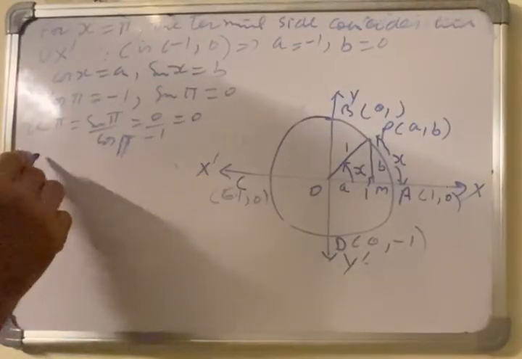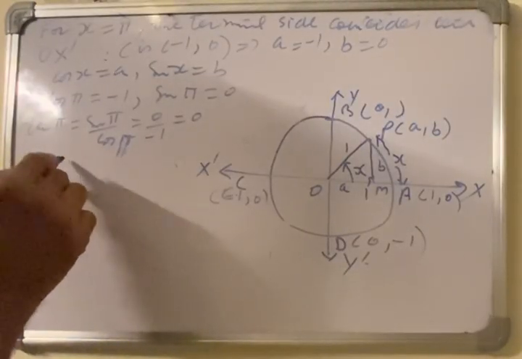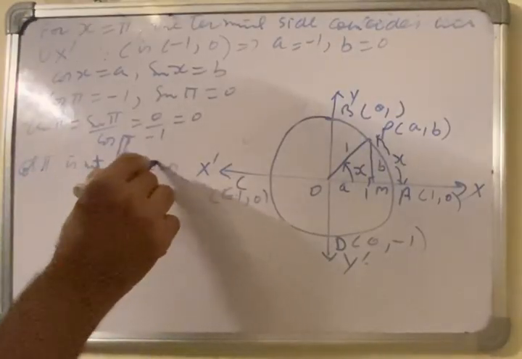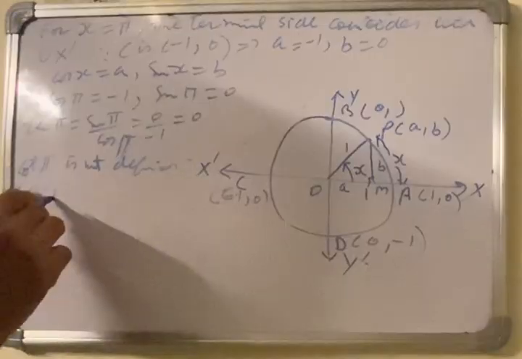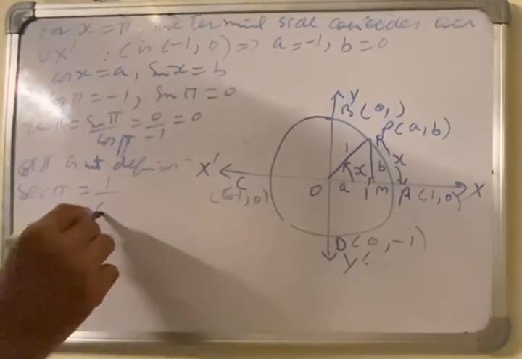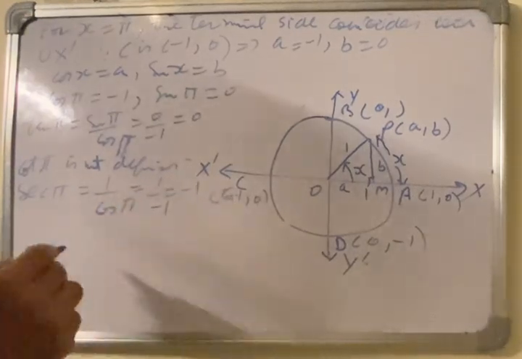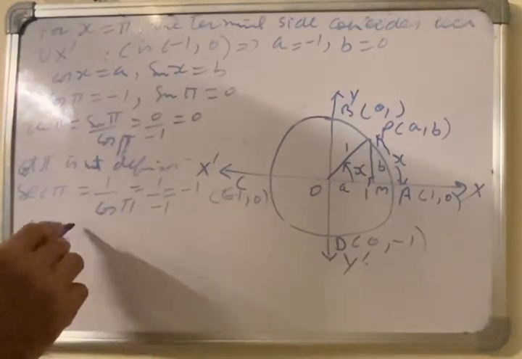Cot pi not defined because it is the reciprocal of tan pi, which is 0. Secant pi is 1 over cos pi, 1 over -1 is -1. Cosecant pi is not defined.